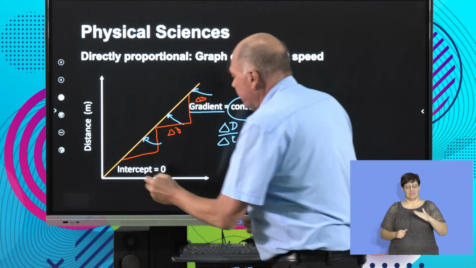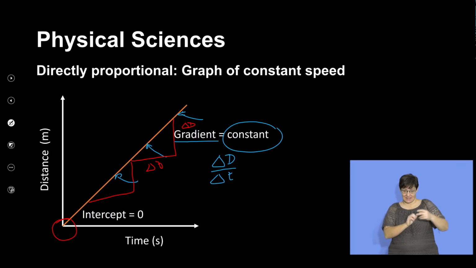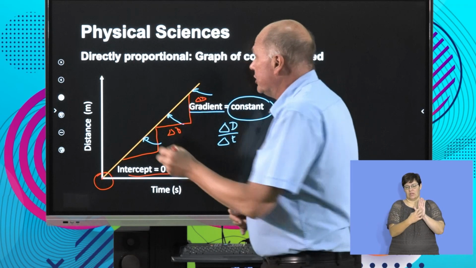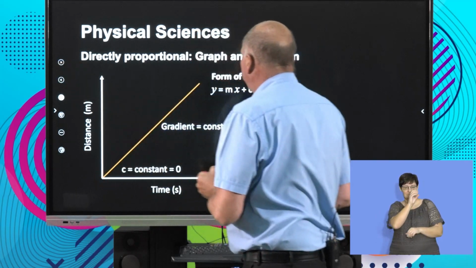Now, the second feature of this graph is that it intercepts at the point 0, 0. In this case, it cuts the y-axis and the x-axis at 0, 0. So this is a special line function or a line graph, and we need to take a note of the form that it forms.